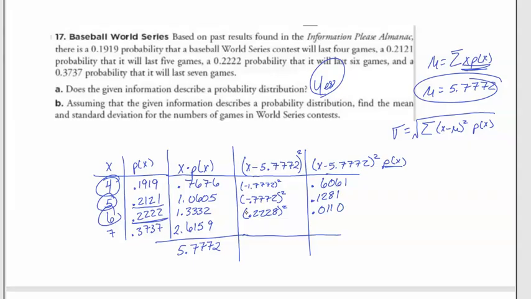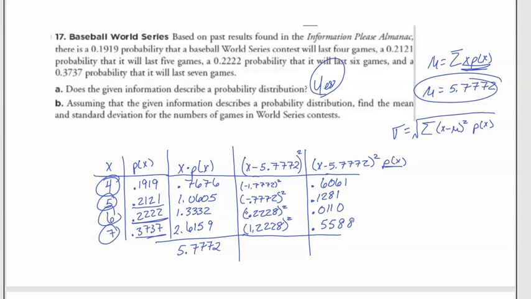0.0110. And then 7. So 7 minus 5.7772 is 1.2228. So I'm going to square that, then multiply it by its probability. So squared times its probability, 0.3737. So that's going to give me 0.5588.